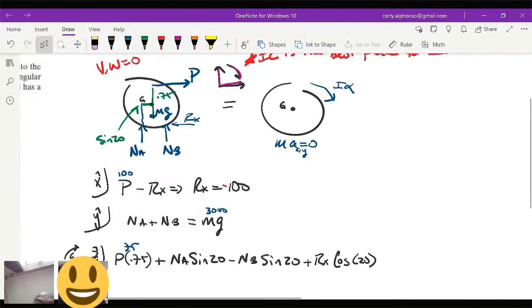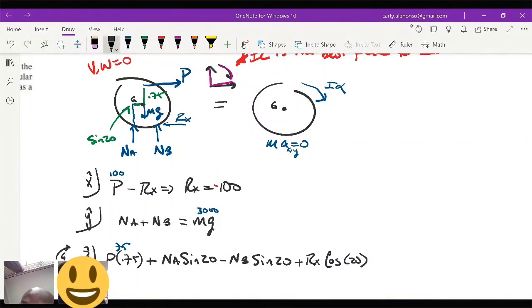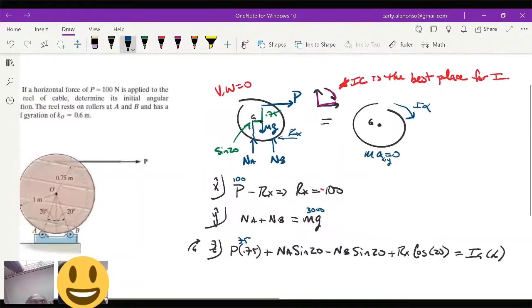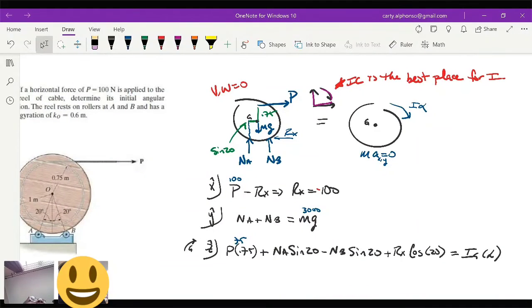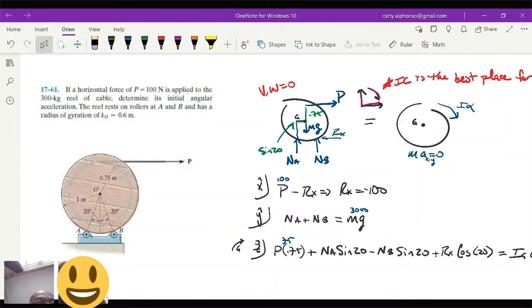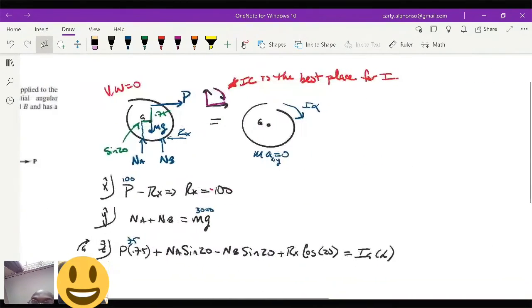All right, finally, we're going to have IG alpha, where IG is going to be mass times K squared. Is it mass K squared or 1/2 mass K squared? I always forget. We talked about mass K squared. Mass K squared. All right, great. So it'll be 300 times 0.6 squared.